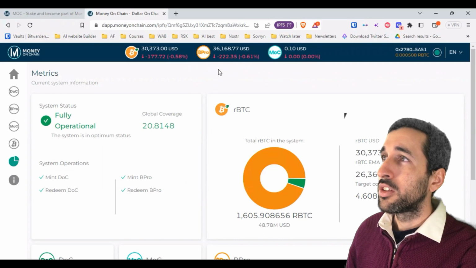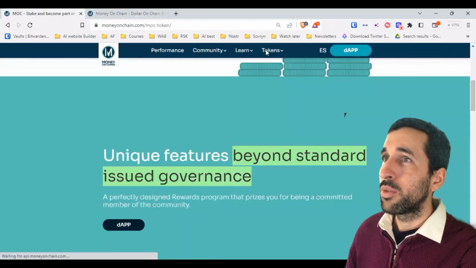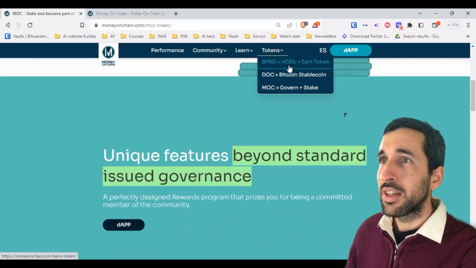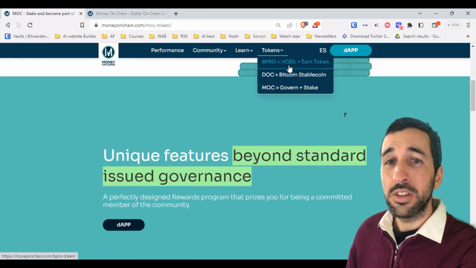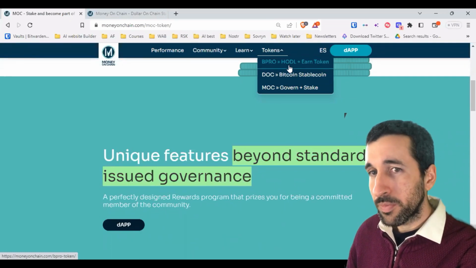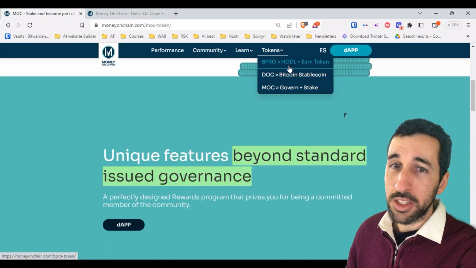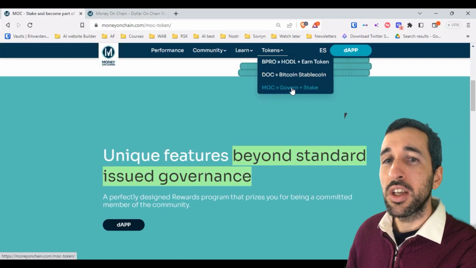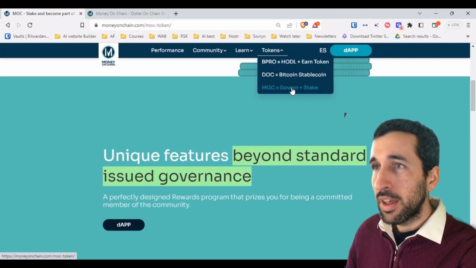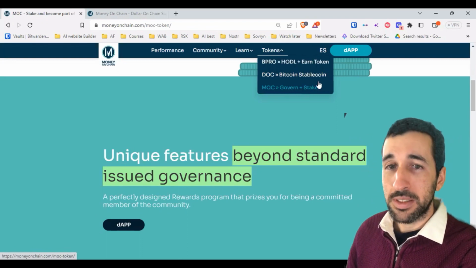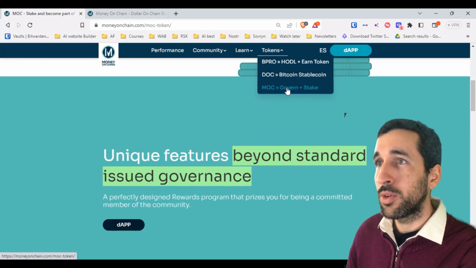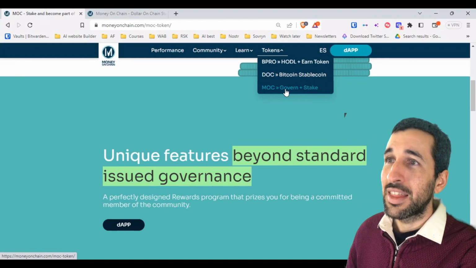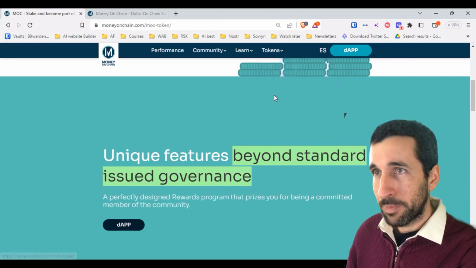So with DOC you get stability, with bpro you get long-term investment in Bitcoin and passive cash flow, and with MoC you get investment in the Money on Chain protocol itself and also a passive cash flow, but the cash flow comes in the form of more MoC tokens that compound automatically.